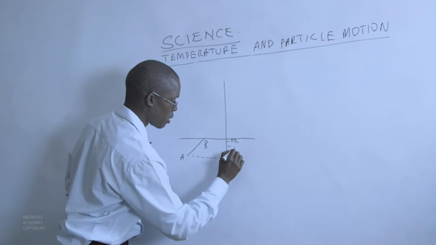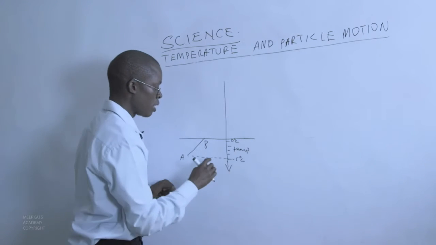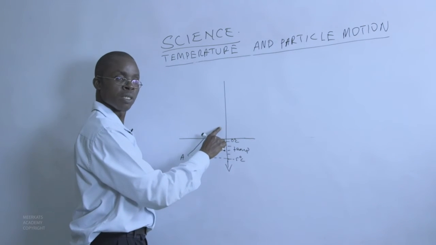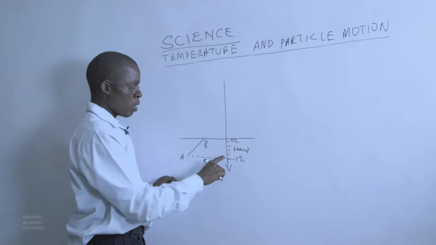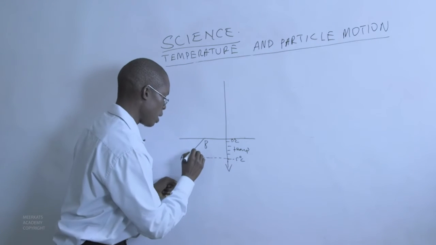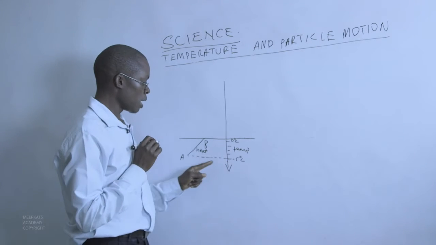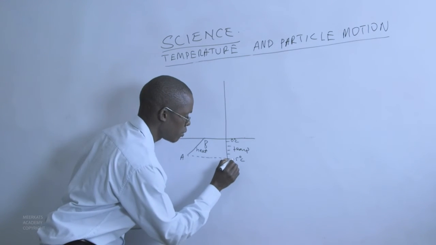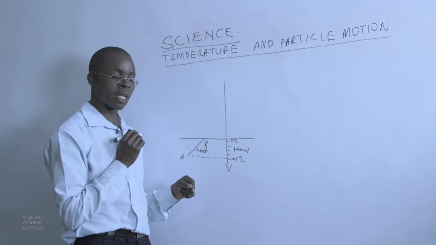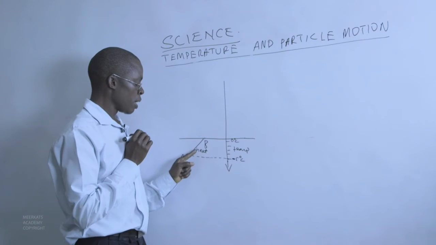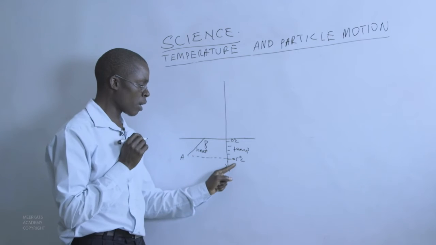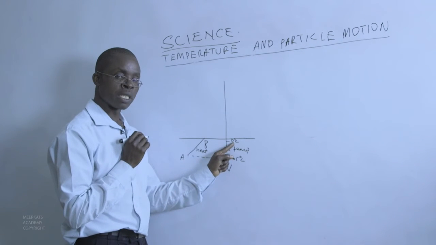This one is temperature. The temperature is increasing. How? You are heating. So you are adding in heat energy. So at -5 degrees centigrade, as you heat, temperature will increase from -5 to 0 degrees centigrade.